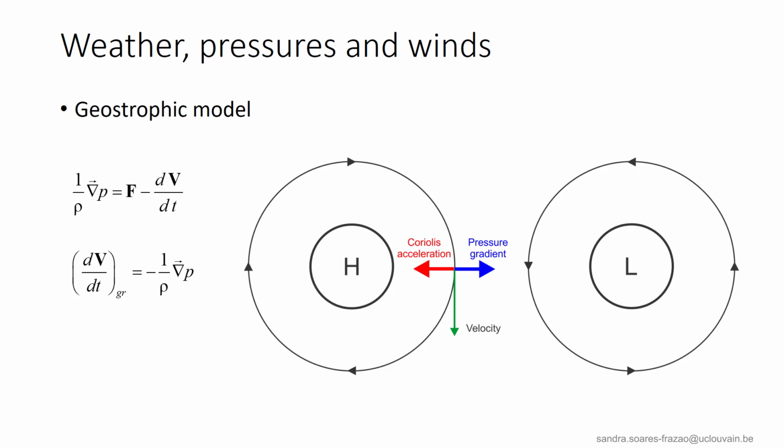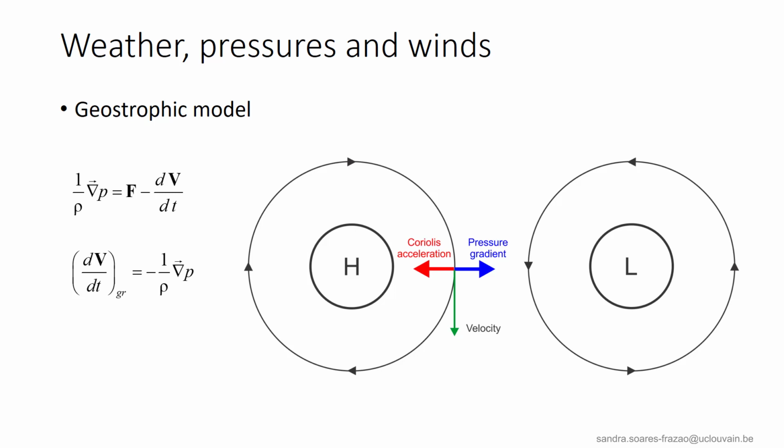The model of wind resulting from an equilibrium between these two accelerations, the Coriolis acceleration and the pressure gradient, is called geostrophic. As the pressure gradient acceleration runs from high to low pressure cells, the Coriolis acceleration that equilibrates this pressure gradient must point from low to high pressure.